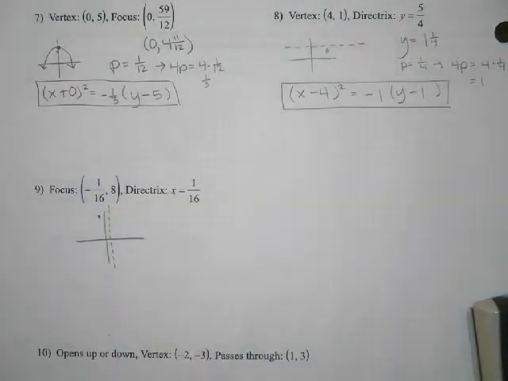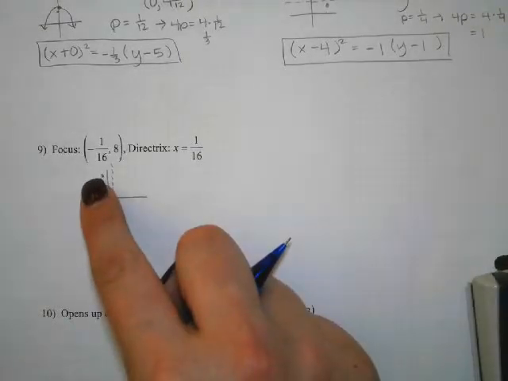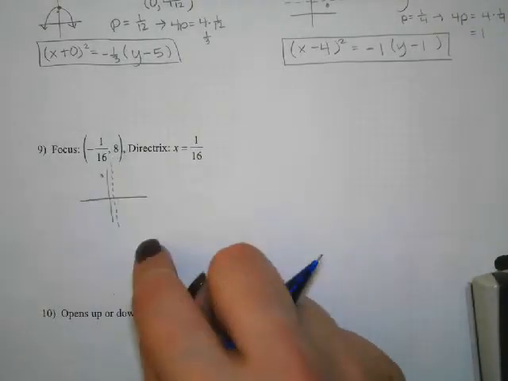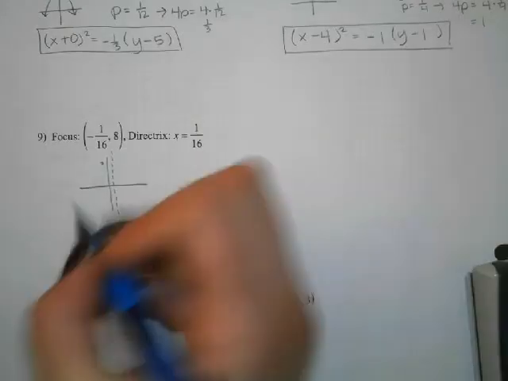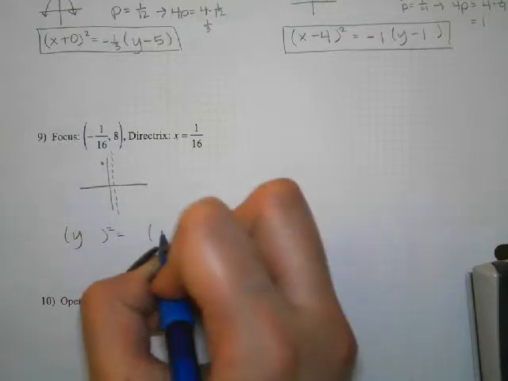So which way does this parabola open? Left. So there's my focus, negative 1/16, positive 8. There's my directrix, a vertical line at 1/16. It opens to the left, so that means we have a y equals equation.